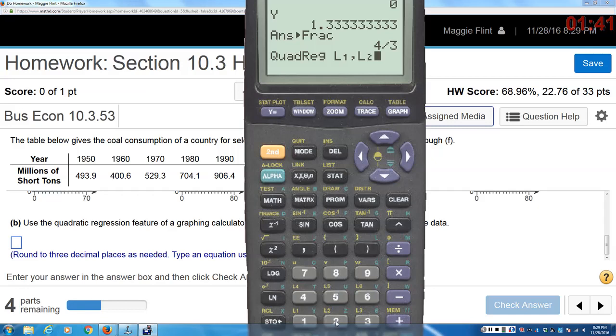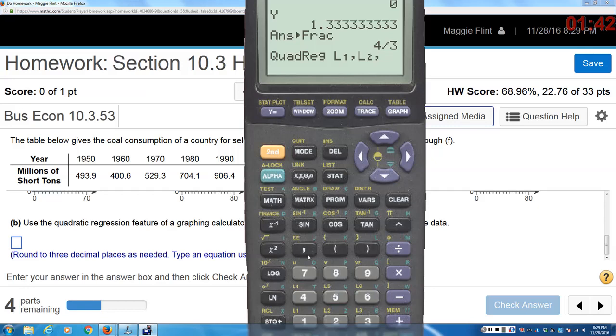The last thing you don't have to learn how to do, but it will make it easier on you because you won't have to copy and then type back in. So it's worth doing it. So put a comma. And what we're going to do now is tell the calculator, calculate a quadratic equation for me based on the data in list 1 and list 2, and then store it at y1.